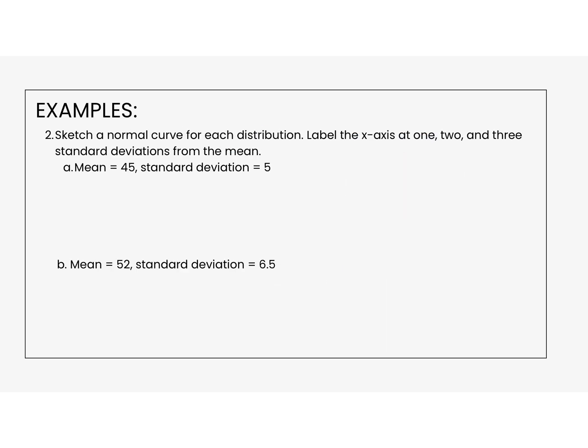All right, so we're going to do some more practice just sketching these. If you are following in your notes, the curve is already drawn for you, so you just have to label the values. So first one, again, the mean is 45, so that's in the middle. Standard deviation is 5, so 1 standard deviation would be 50, 55, 60.